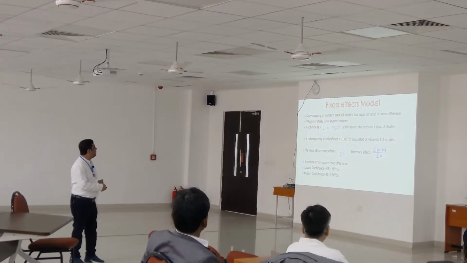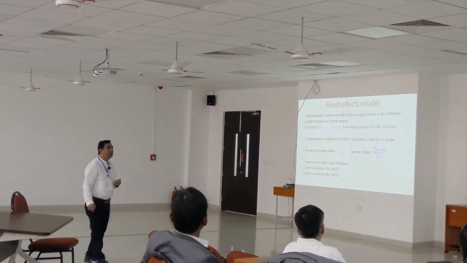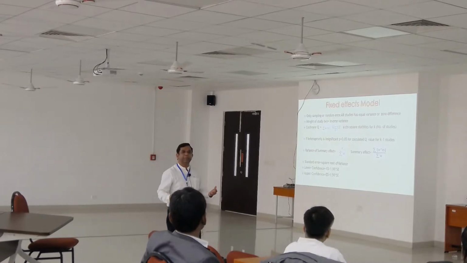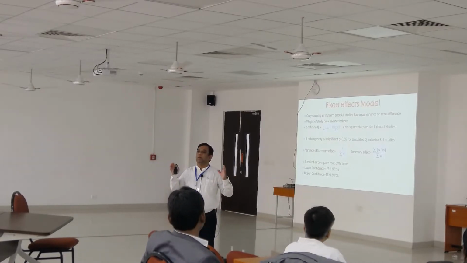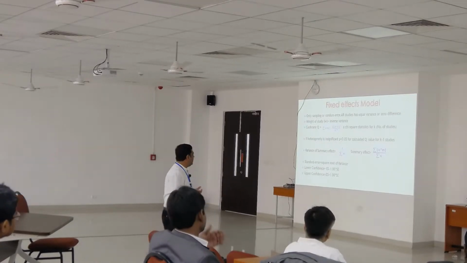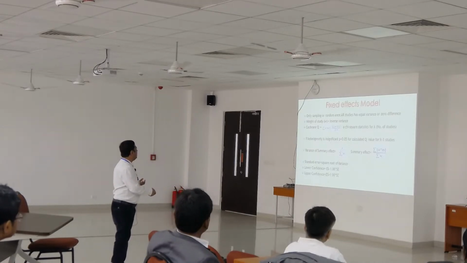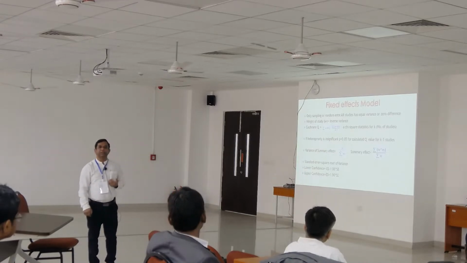In the fixed effect model, we consider that there is zero difference between all of the studies, meaning the studies are from almost similar populations having similar values. In that case, we use that formula for the final effect. Cochrane Q is used for measuring heterogeneity.